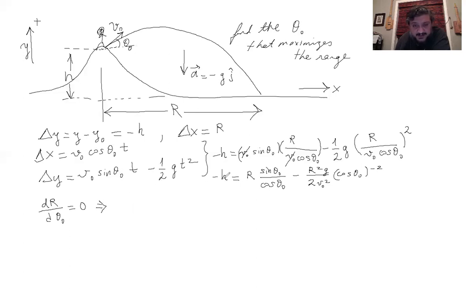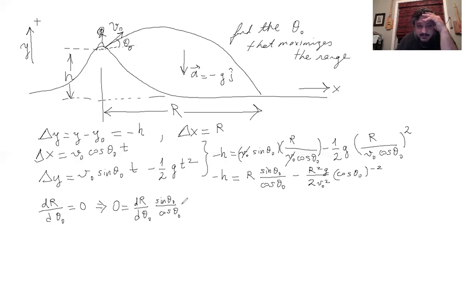On the left-hand side, I have a constant here, h. It's a constant, its derivative is 0. Now that equals, now I have two things here, r and then this tangent, right? So if I apply the chain rule, the derivative of the first, that's where I have dr by d theta naught, times tangent theta, or sine theta over cosine theta naught.